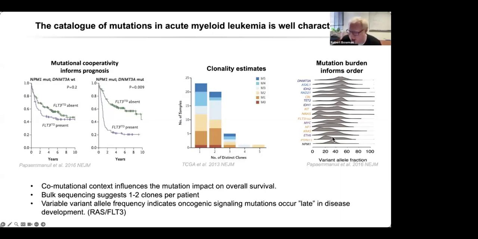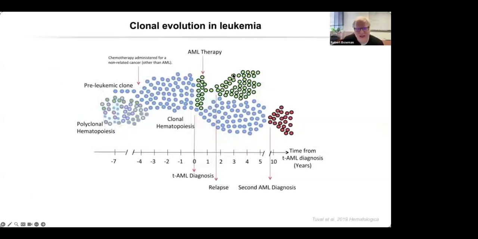Meanwhile, mutations in signaling genes like KRAS or FLT3, or NPM1, for instance, another class of genes, tend to have lower variant allele frequencies, suggesting they're later hits in leukemia and often present in smaller subclones. So with this information, we start to get an idea of which genes are mutated, perhaps in what order as well. And this is kind of a global look at it.